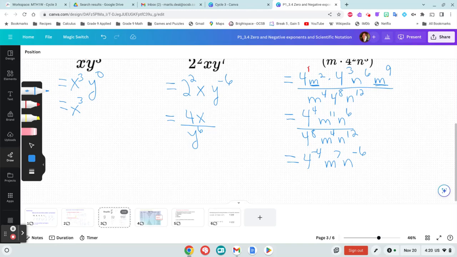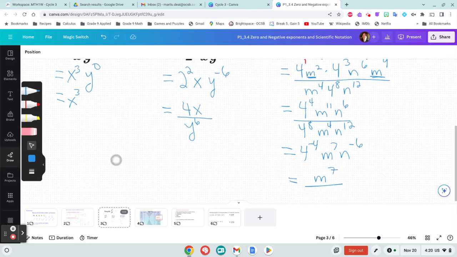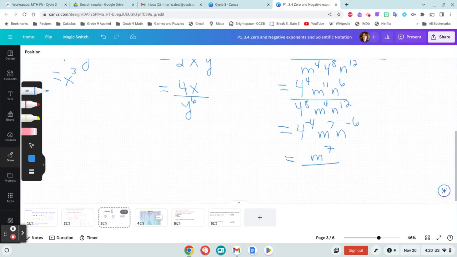So this is going to equal m to the 7 over 4 to the 4 and n to the 6. So that's as far as we're able to go there. If you want to change the 4 to a value, you can, but in this case, we're just simplifying, so keeping it as 4 to the power of 4 is totally fine.